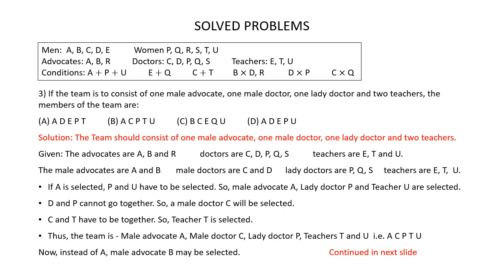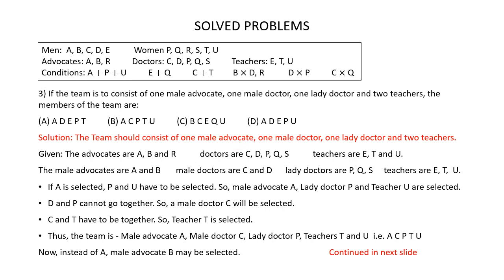Now, according to the information given, we know that the advocates are A, B, and R. Doctors are C, D, P, Q, and S. Teachers are E, T, and U. Now, here the team should consist of a male advocate.